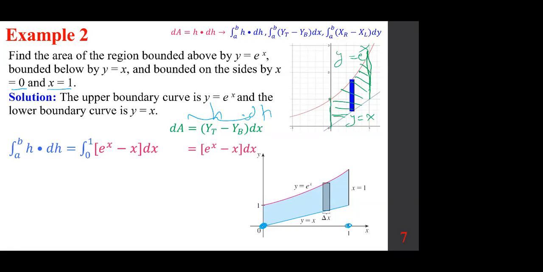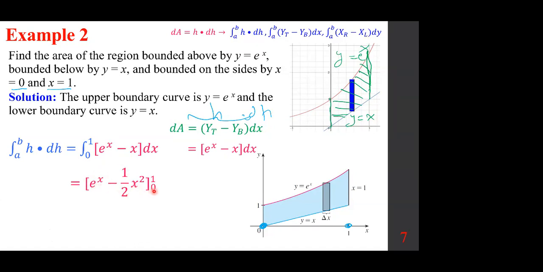All right, so what happens next? You are going to integrate e to the power of x itself minus 1/2 x squared evaluated from 0 to 1. Now, if you plug in 1, you get e to the power of 1 minus 1/2.